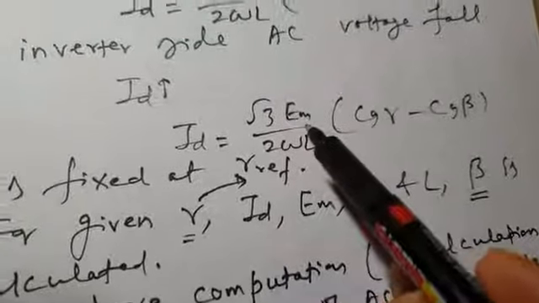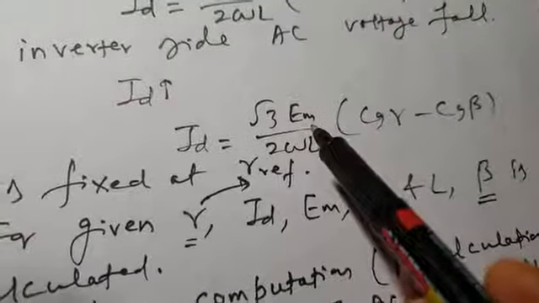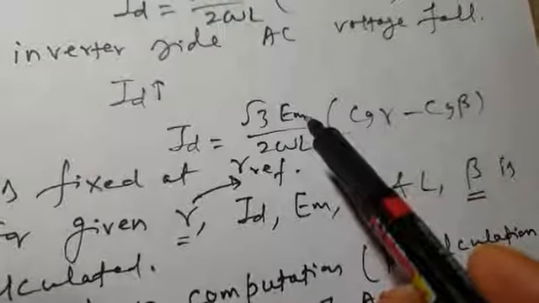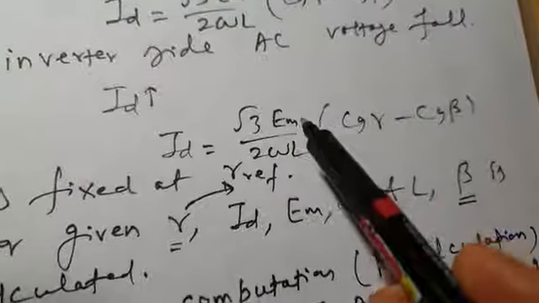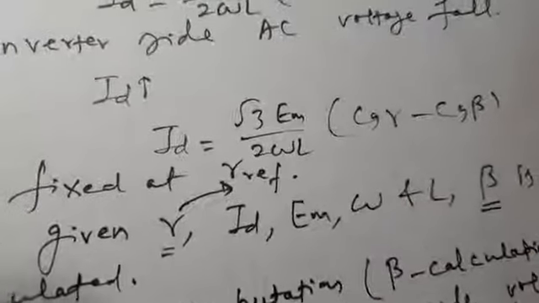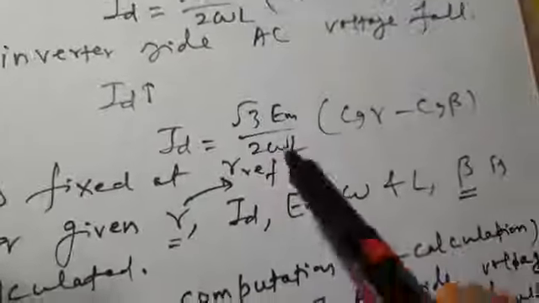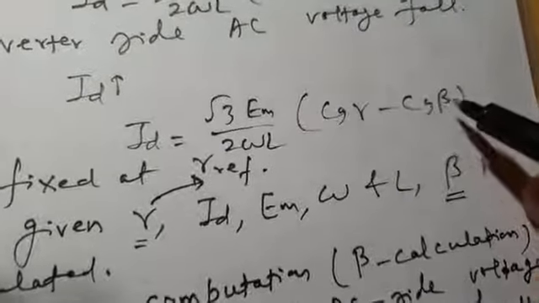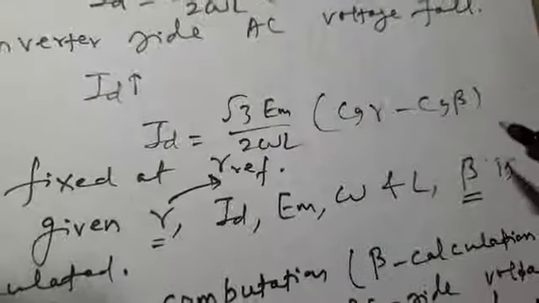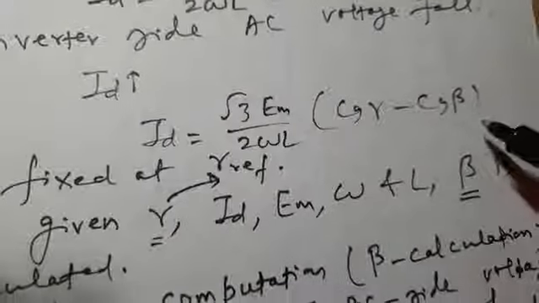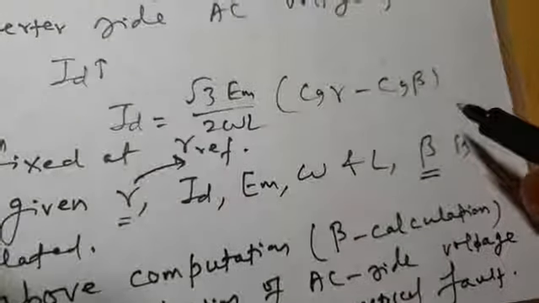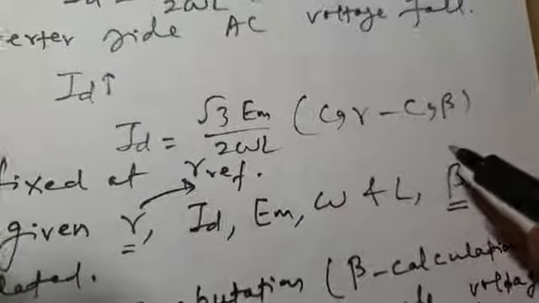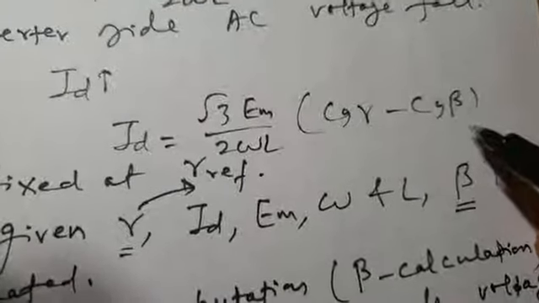That is true if a symmetrical fault occurs. But if an asymmetrical fault like line to ground or line to line occurs, then the voltage of a particular phase or phases will decrease, but the voltage of the healthy phase will not decrease. So beta will be computed wrongly by your controller. And since beta is computed wrongly, there are high chances of commutation failure, because gamma will not be fixed at gamma reference, since the calculation of beta is wrong.